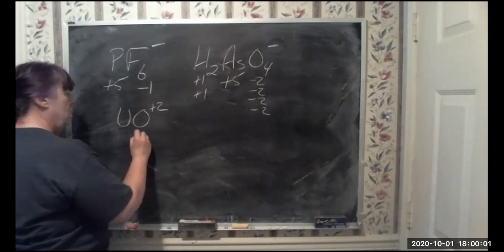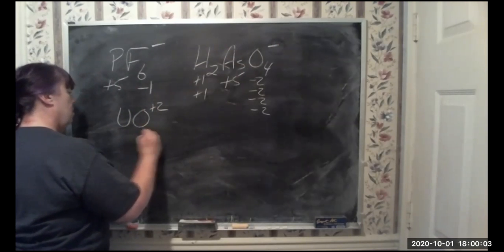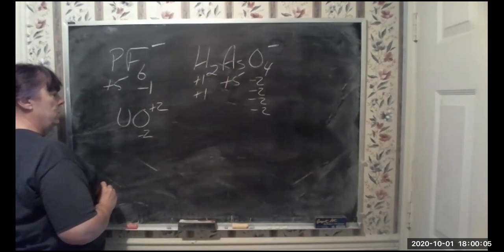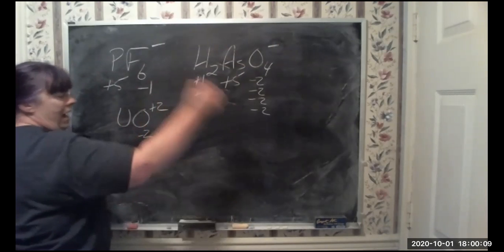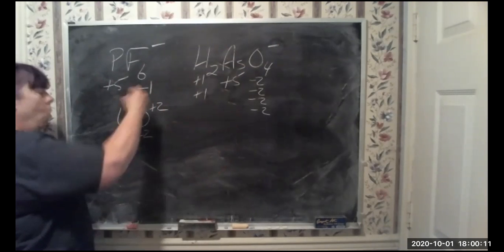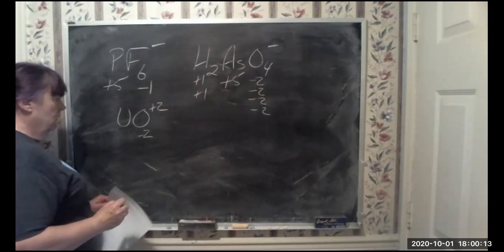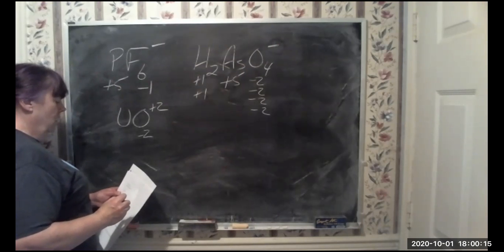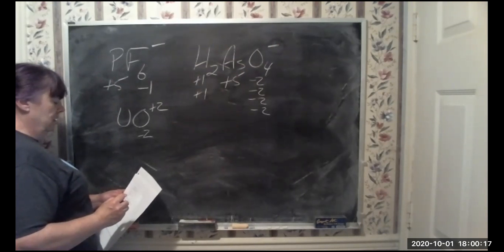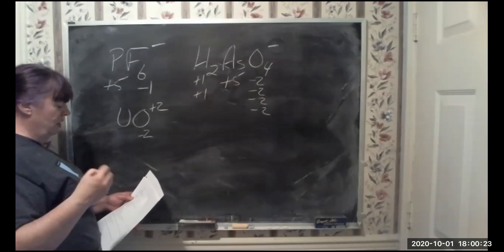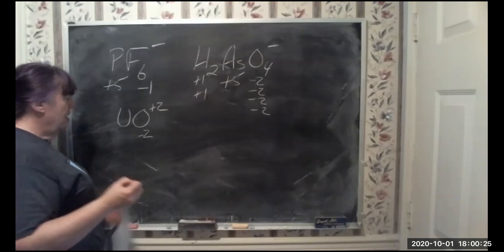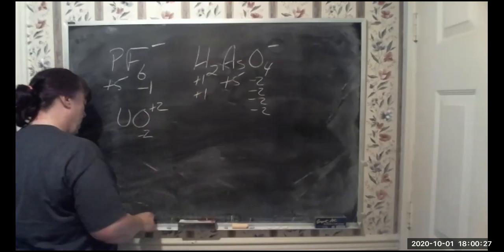Got a +2, so if oxygen is -2, in order to have 2 positives, I have to have more on my uranium. And again, I think I copied some notes from one place to another place, and this is supposed to be, okay, I know what I did.